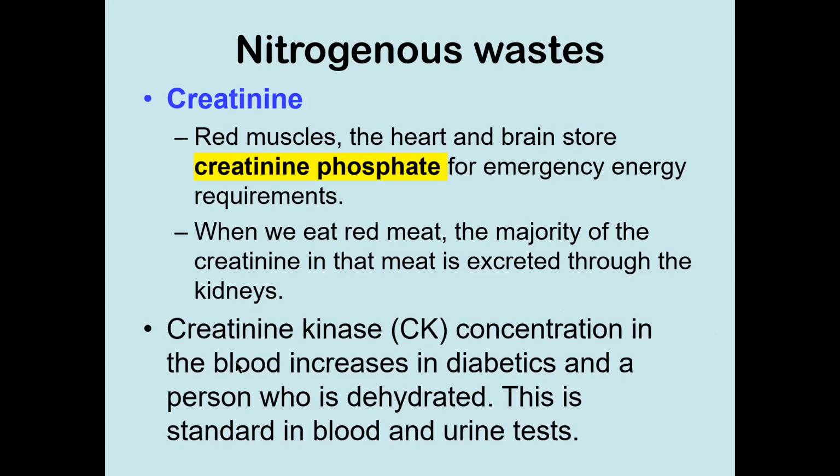And so when you have certain conditions like diabetes, or if you're dehydrated, there's an enzyme called creatine kinase, and what happens is it increases in these conditions. So it's part of the blood testing that's regularly done by doctors, and it's excreted through the urine, so it's there too.